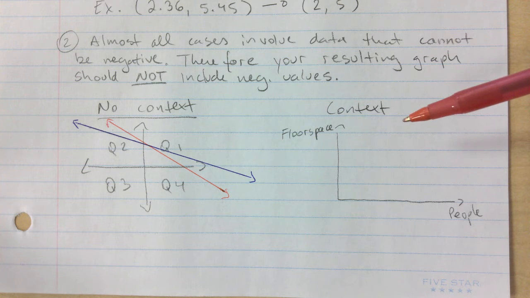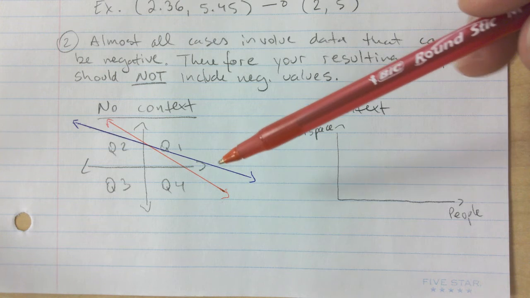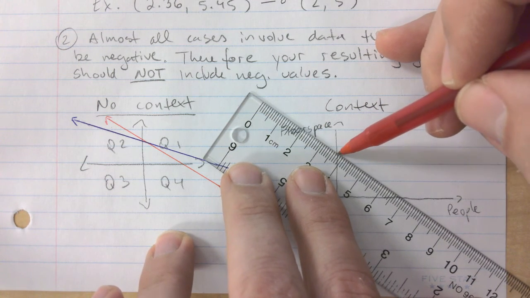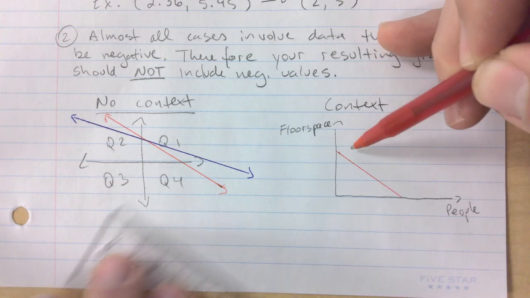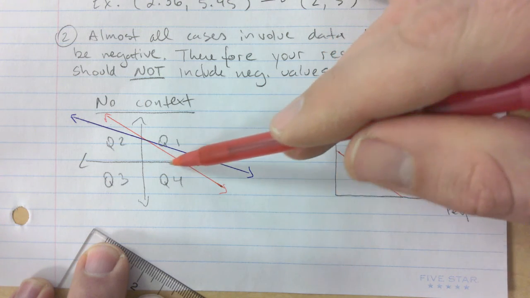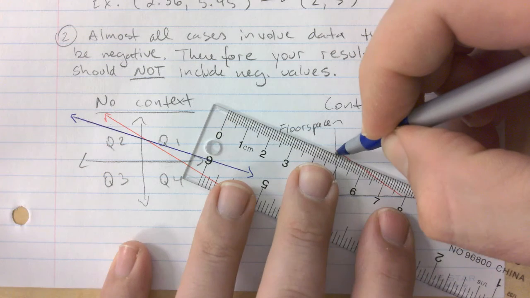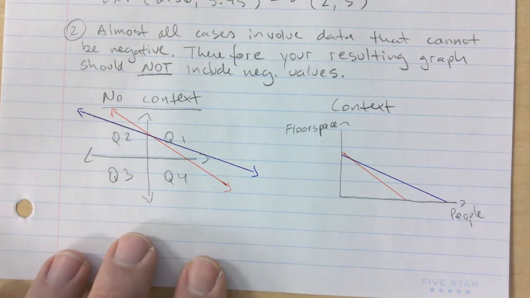If there's a context, obviously the inequalities are going to look the same, but you would just show this portion of the graph, whatever happens in quadrant 1. So you kind of zoom in and do one of these.